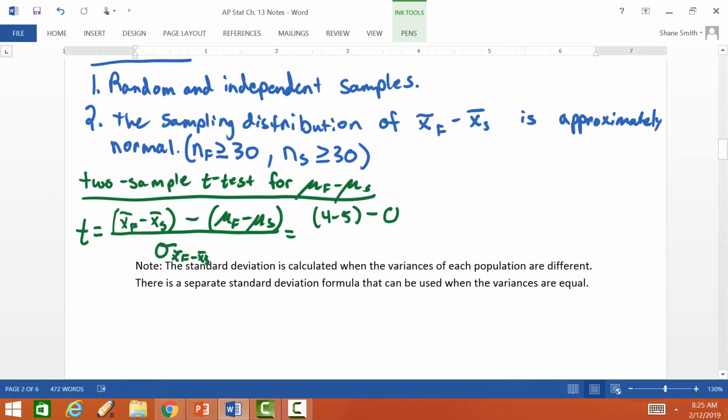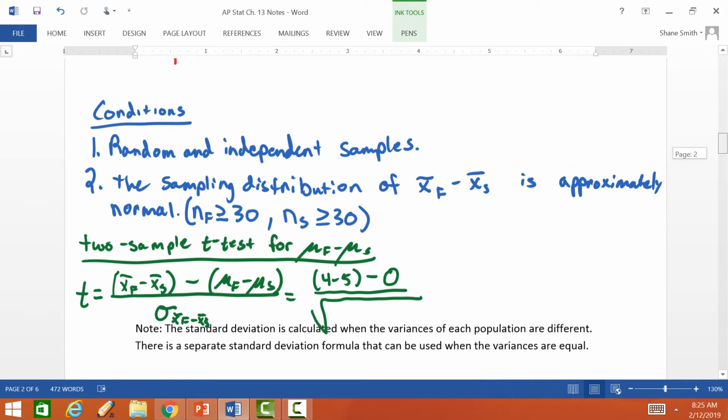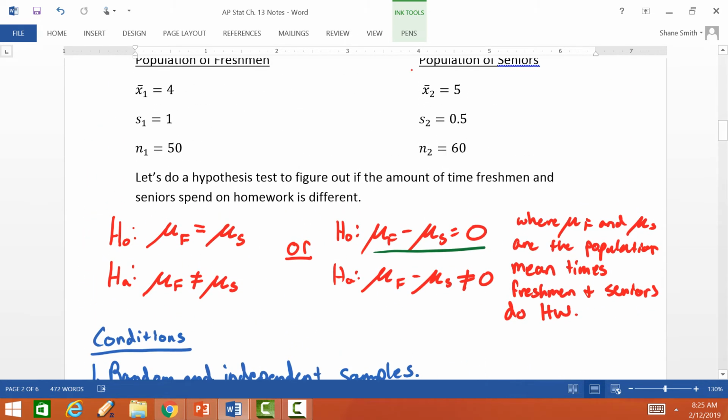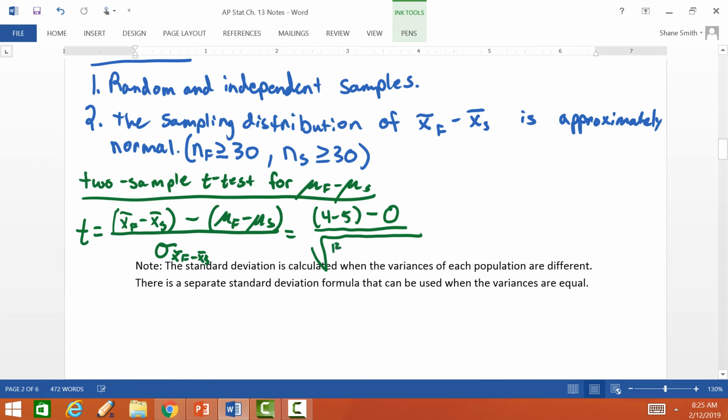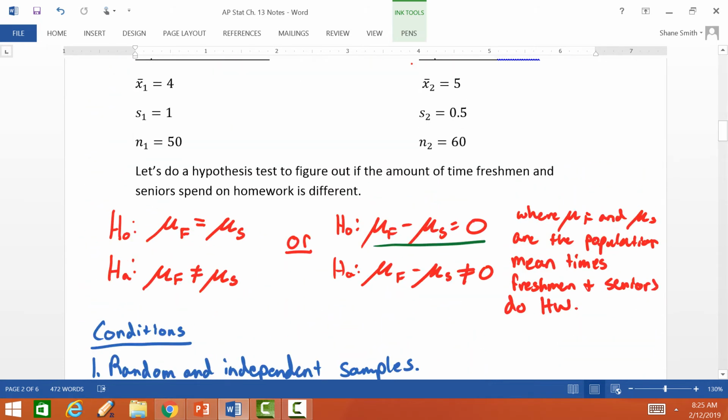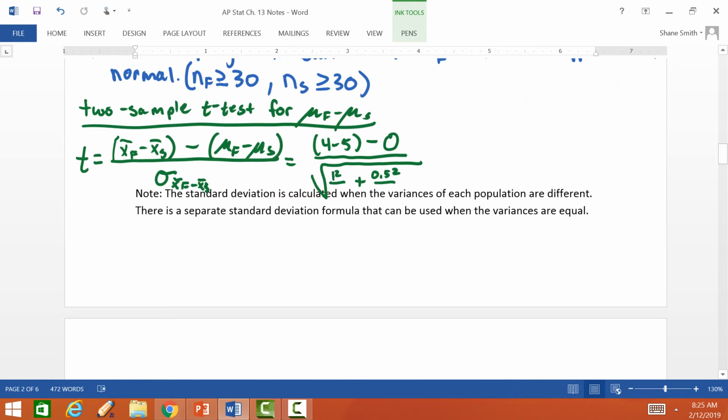So this is just 0 over the square root of, okay, and then this comes from our standard deviation. So our standard deviation for freshmen is 1. Our standard deviation for seniors is 0.5. So this is 1 squared, because it's the variance, over plus 0.5 squared over, and then our sample sizes are 50 and 60 respectively. So 50 and 60.